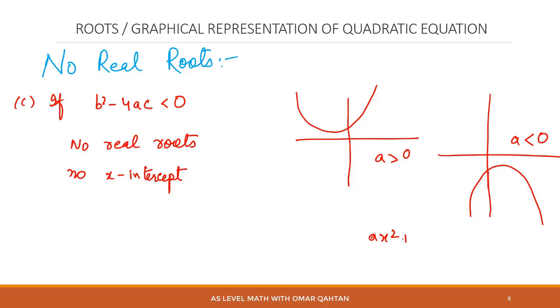In both cases, the expression ax square plus bx plus c is either always positive or always negative, so you need to keep that in mind. No real roots, no x-intercept. This is the condition for no real roots.